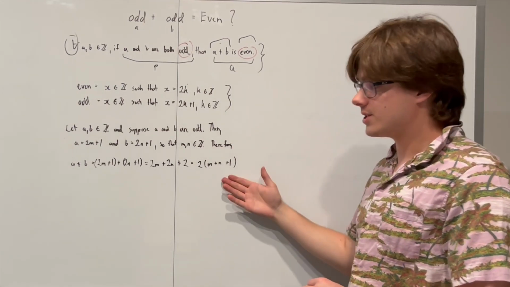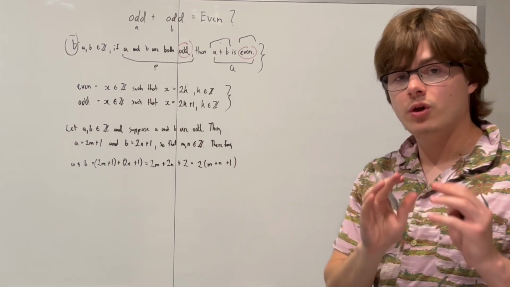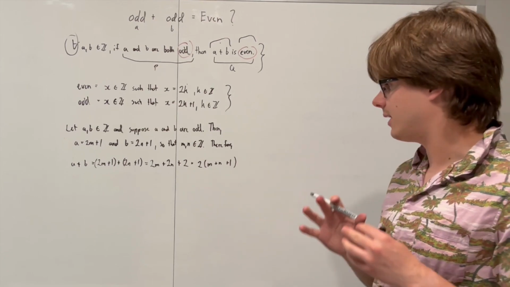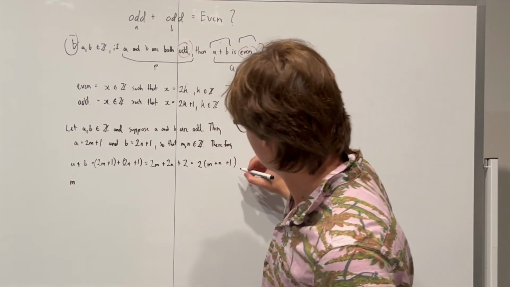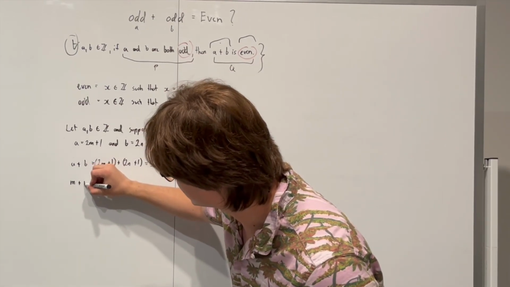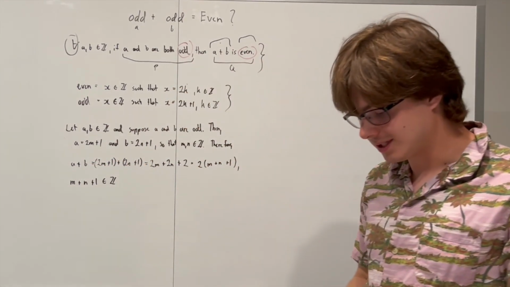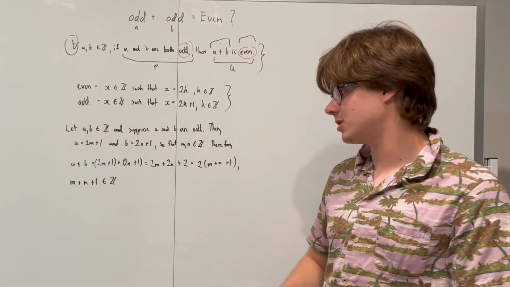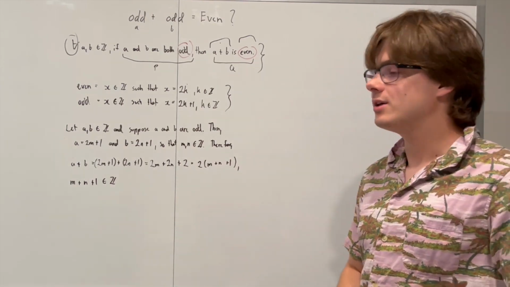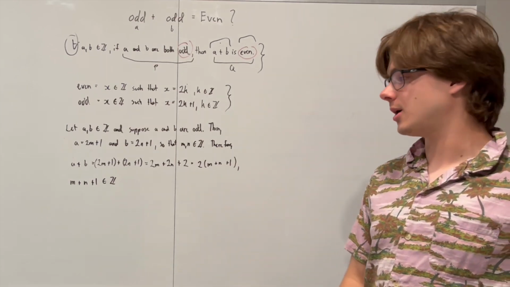So this is actually already proved that a plus b is even, because what you need to do is you need to recognize and explain to the user that m plus n plus 1 is an integer. I'm going to take for granted that we know that any sum of any integers, m plus n plus 1, is going to be an integer. You can't add 2 integers and get a decimal number.